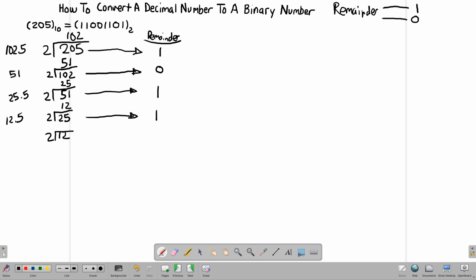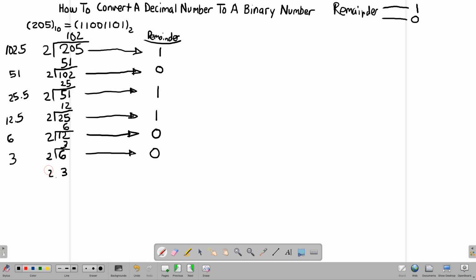That should be 6 times. It goes in evenly, so 6 is here, and that indicates that we do not have a remainder. So 0 goes here. Next, we take 6 and divide by 2, and of course that goes in 3 times evenly, and there's no remainder, so this indicates that we have a 0 here.